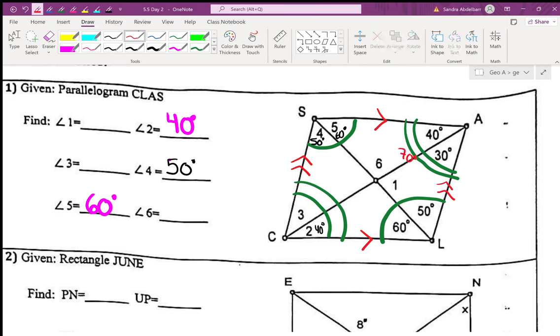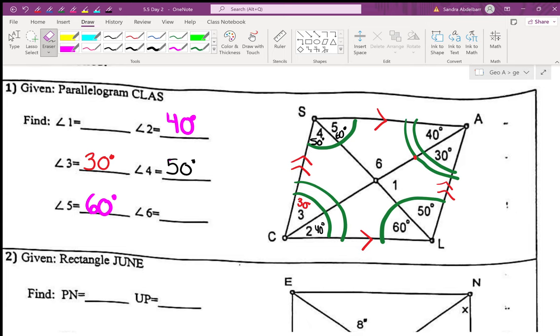So doesn't that mean all of angle C also has to be 70? So if the bottom part of angle C is 40, doesn't the top part have to be 30 in order to add to 70? Yeah, did anybody use a Z for this? You did? Yeah, you could have done a Z also. How could we have done the Z? So from S to C to A to L. Both ways you get the same answer. Okay, that's great. So now we got all those.